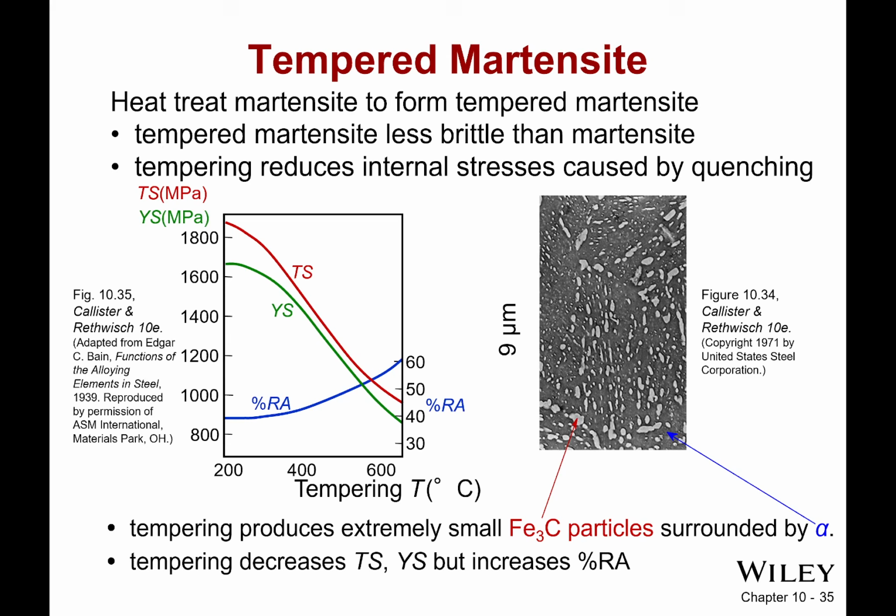So, is there a way, like with the coarse pearlite and the fine pearlite and the bainite, to increase my ductility while also decreasing my tensile stress? Like, make it a little bit more flexible. And the answer is yes. We can have tempered martensite. How do we get this? The exact same way we got our spheroidite.